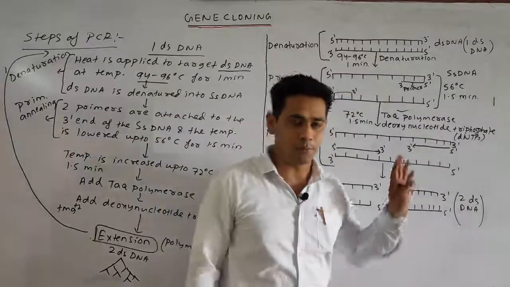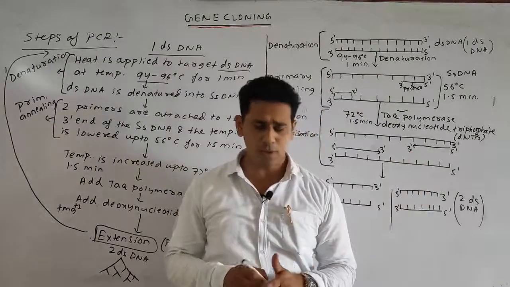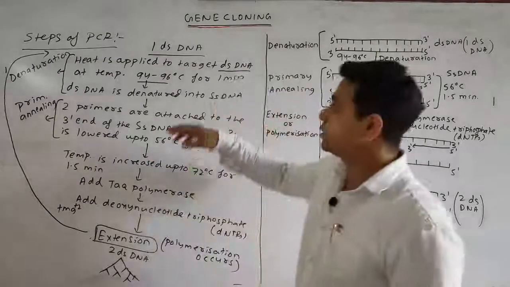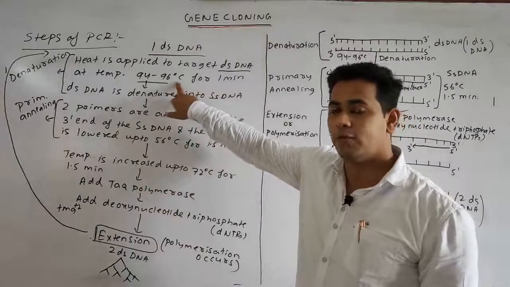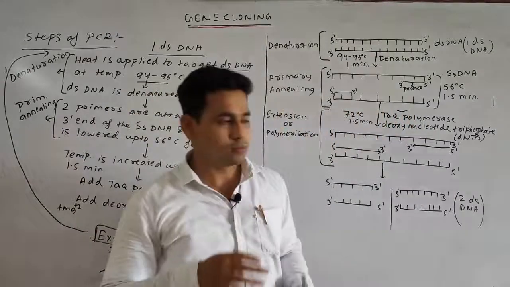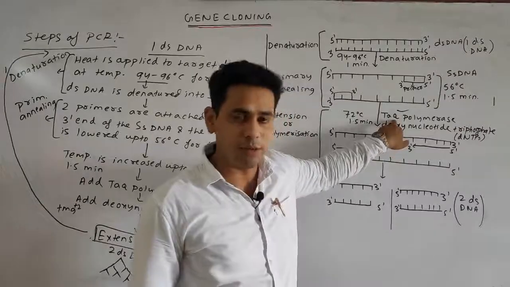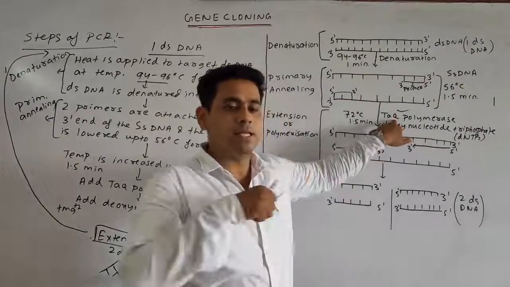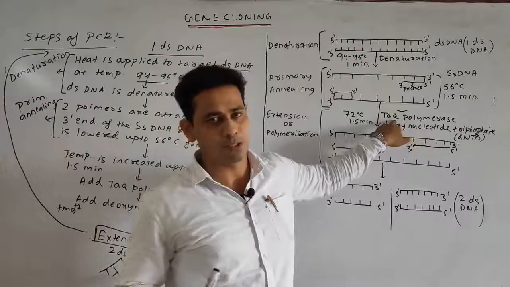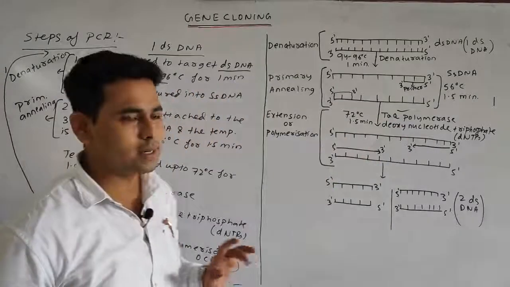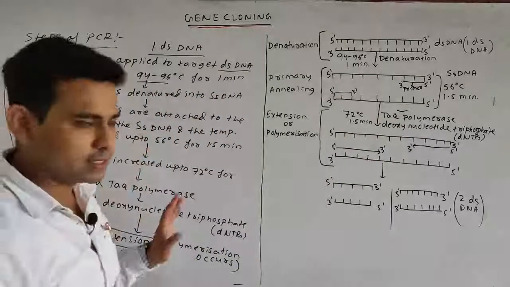Because in the process a high temperature of 94 to 96 degrees centigrade is present, and only this DNA polymerase can survive throughout the process, whether the temperature is low or high. That is why it is being taken.